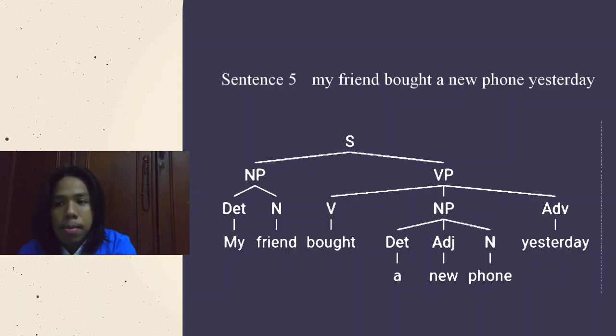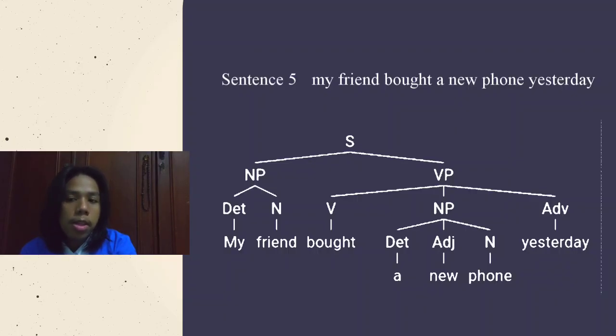The verb "bought" is on the same level as the noun phrase, and the noun phrase consists of determiner "a," adjective "new," and noun "phone." So "a new phone" is a noun phrase that functions as the object of the verb "bought." An adverb just shows the time when the sentence happens.